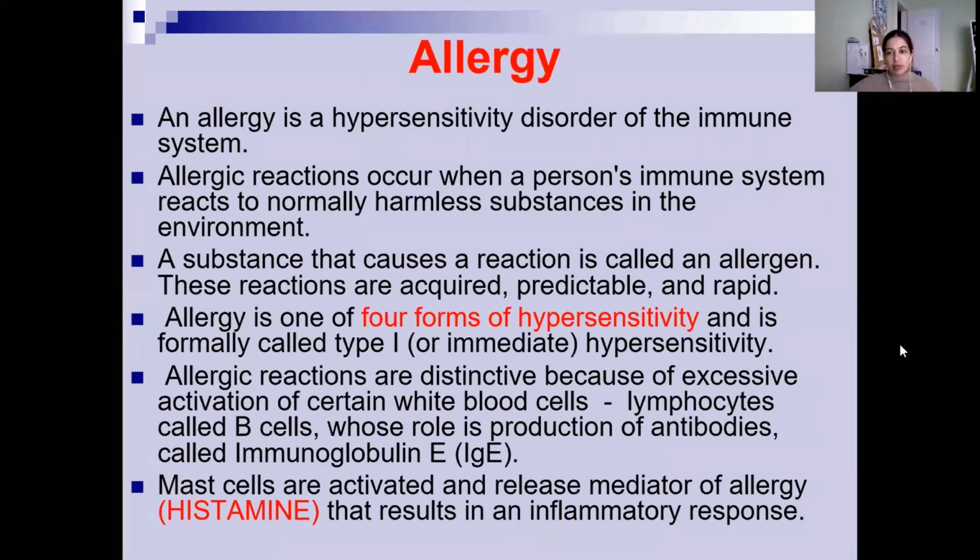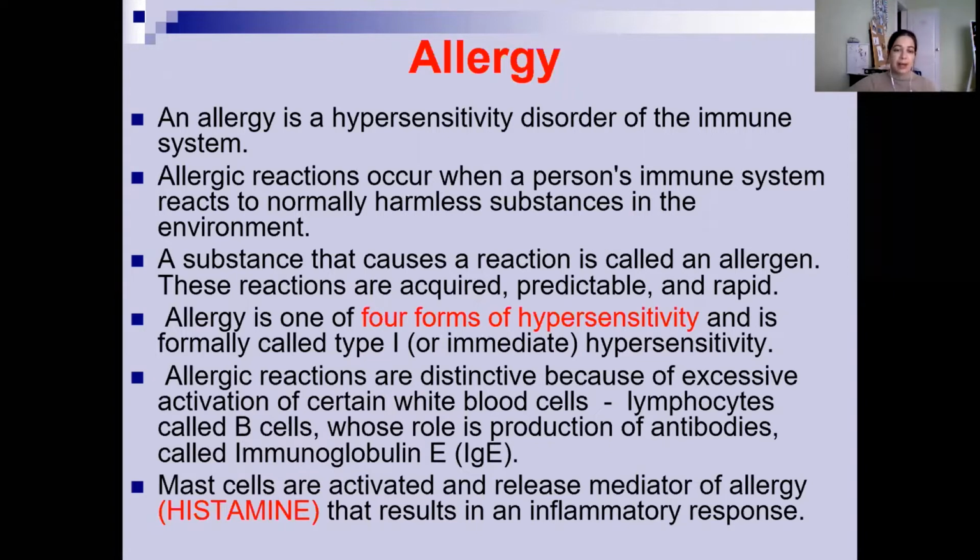And again, from pathophysiology, we know that allergy is the hypersensitivity disorder of the immune system, and it occurs when the person's immune system reacts to normally harmless substances in the environment like they were harmful. A substance that causes the reaction is called an allergen. These reactions are predictable and rapid.